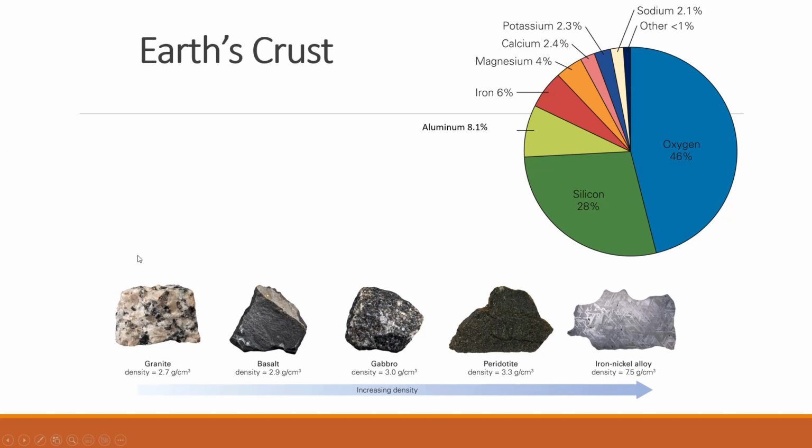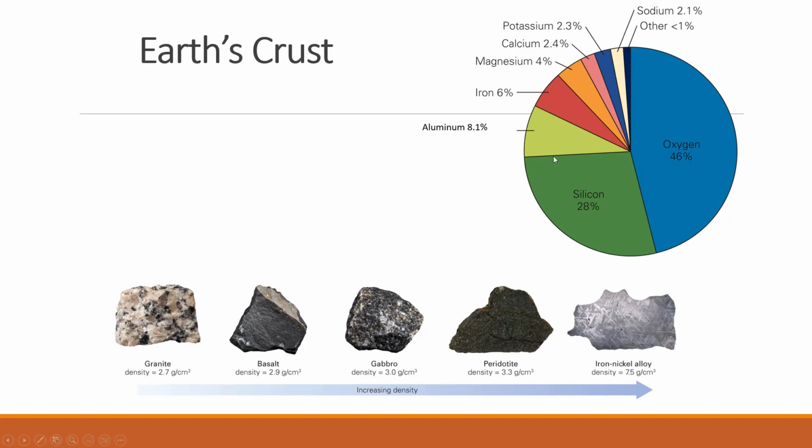We can think of the continental crust as being granite. We can think of the oceanic crust as being basalt, and gabbro. Gabbro would be the lower parts of the oceanic crust. Peridotite would be what our mantle is made out of, and then this is an image of a meteorite, an iron nickel meteorite, and that's what our core looks like. So basically we are looking at the layers as we go into the interior of the Earth.